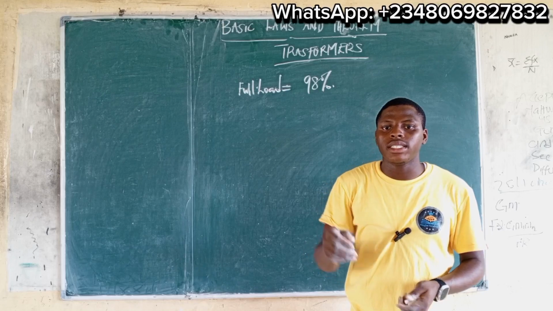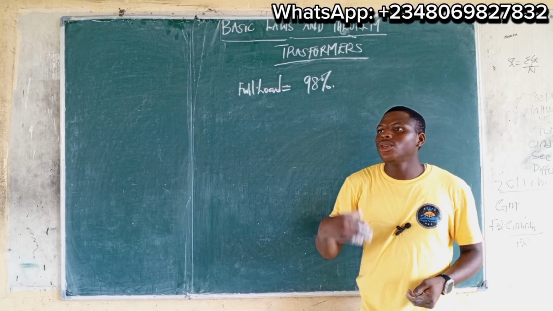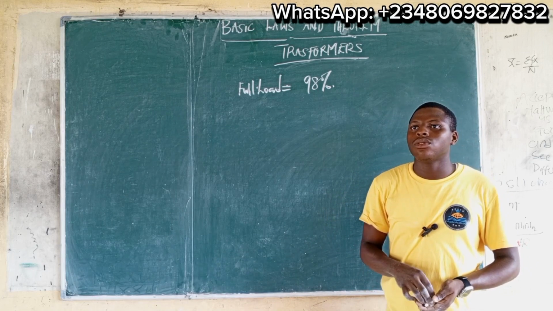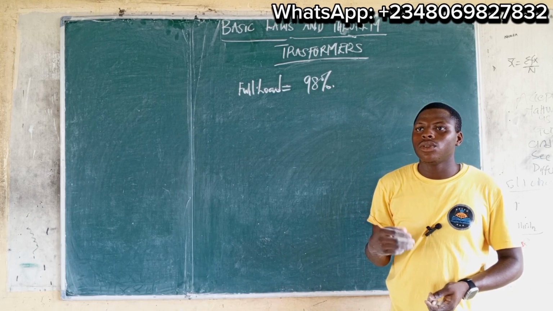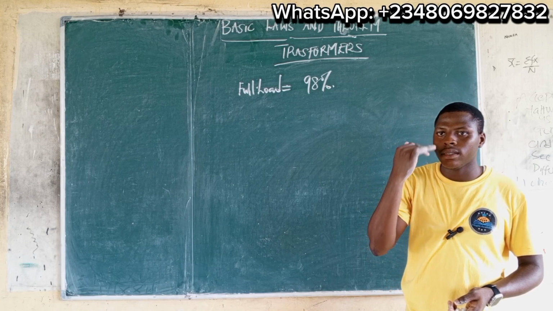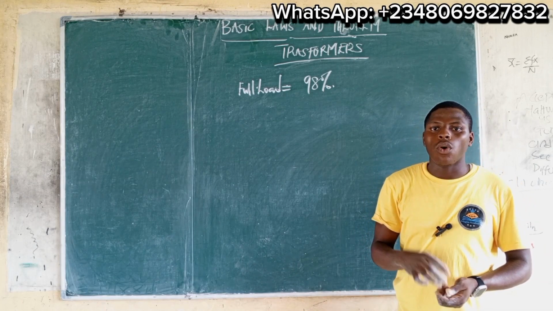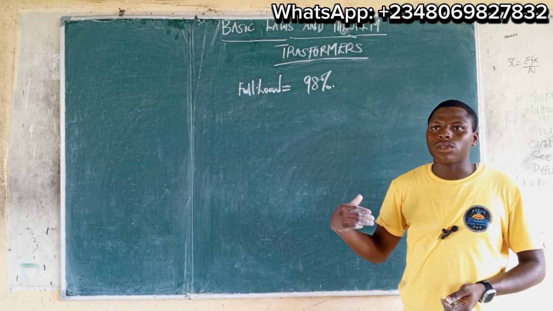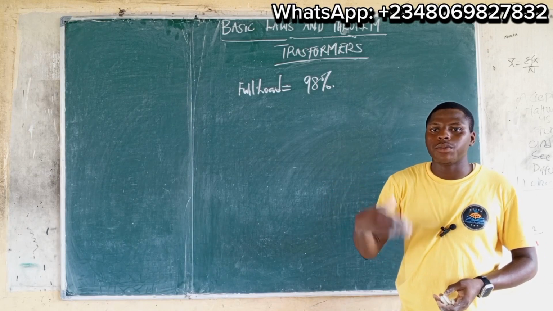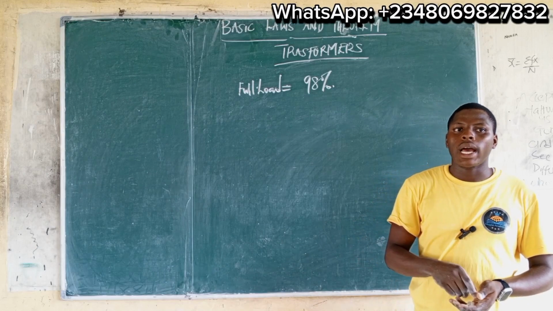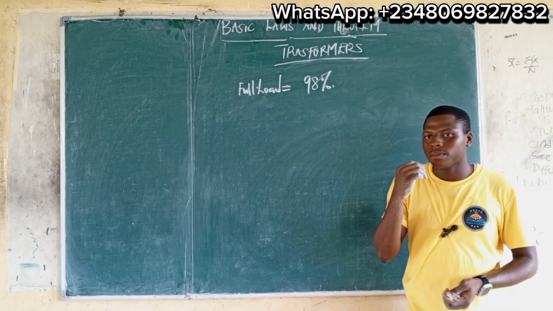Now they're asking us to calculate efficiency based on half load. Now take this down. For you to calculate efficiency based on half load, you have to alter your copper loss and your output power.